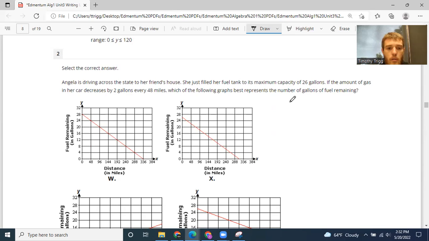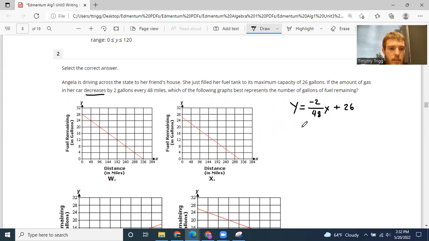So let's see, she loses 2 gallons every 48 miles. This is your slope. The starting amount is 26 gallons. Why did I put a negative here? Well, because the car loses 2 gallons of gas every 48 miles.